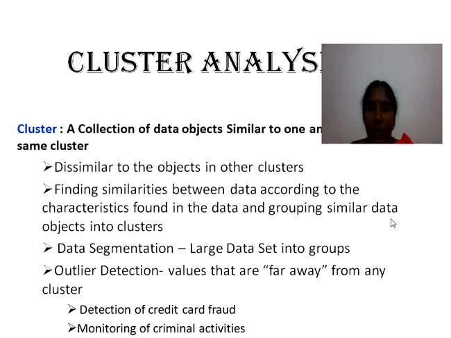It finds values that are far away from any cluster, which do not come under any cluster, because it mainly occurs in credit card fraud. So we try to detect credit card fraud by using the clustering concept. Some criminal activity that has happened in e-commerce applications is also monitored by using cluster analysis.